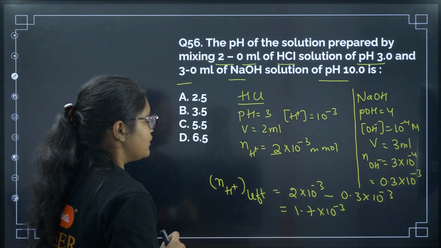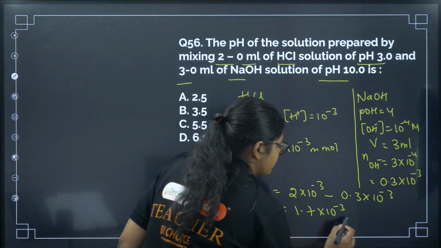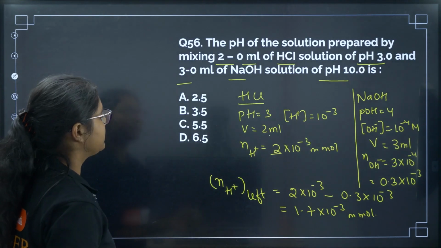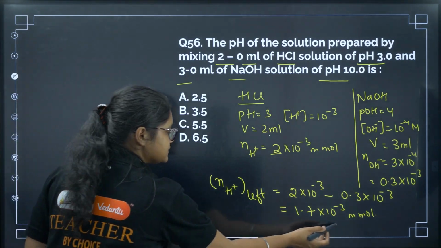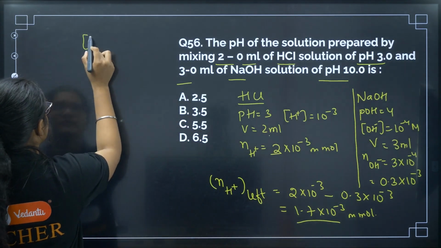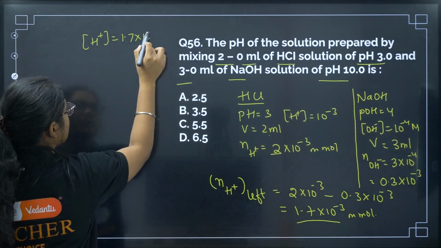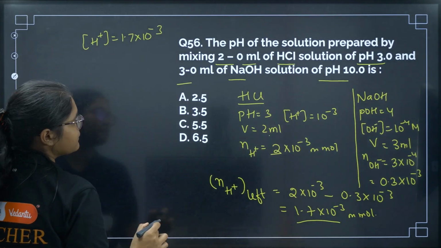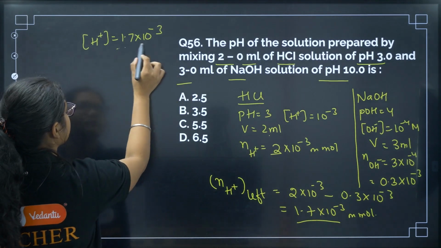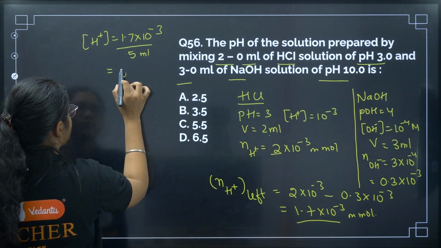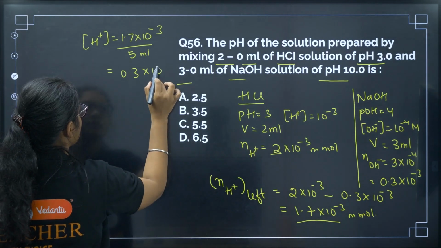Now the question is asking you to calculate the pH. This much H+ is left behind, so the concentration of this H+ is 1.7 into 10 to the power of minus 3 millimoles divided by the total volume of 5 ml. So we will get around 0.3 something.